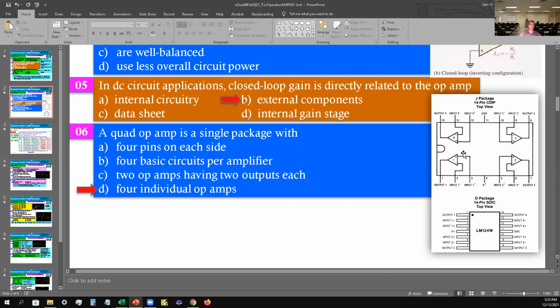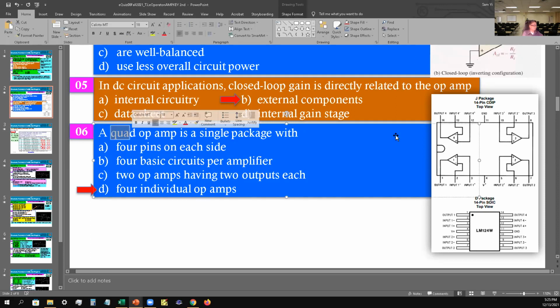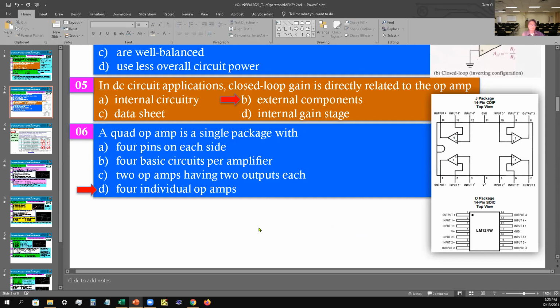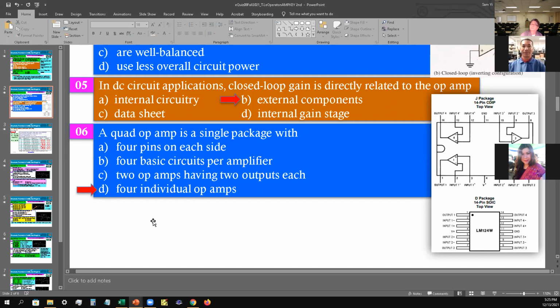There's 4 op-amp in that one IC, okay? So quad means 4, so it means there's 4 op-amp in the IC. I thought 4 pin on each side. No, that's a good try, but that is only what you would consider the single packet. Okay. So this is a quad op-amp.